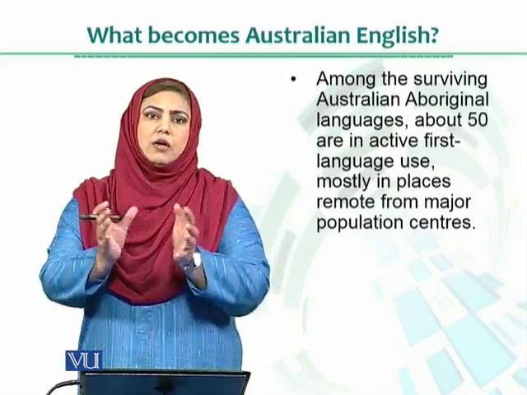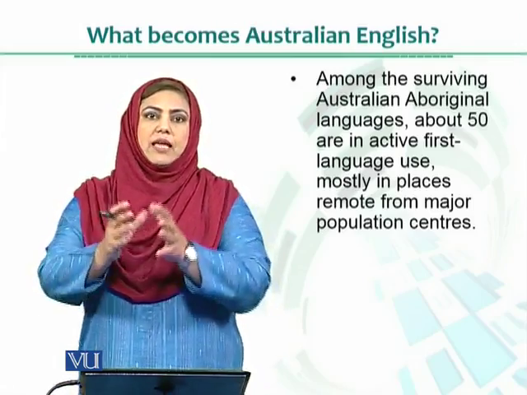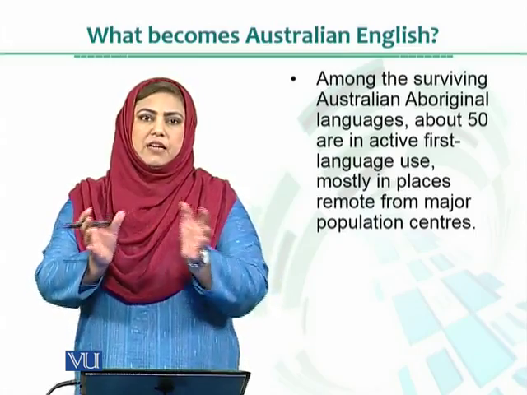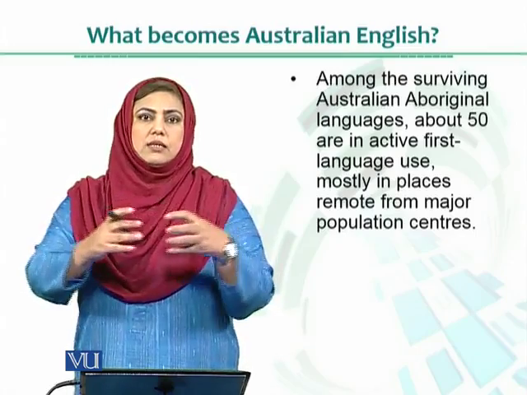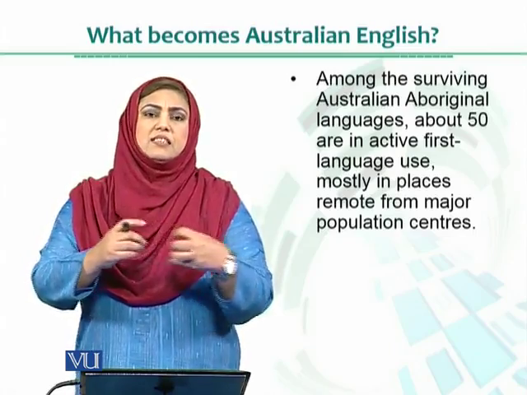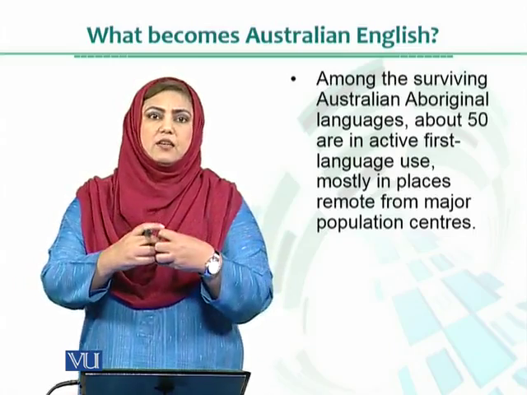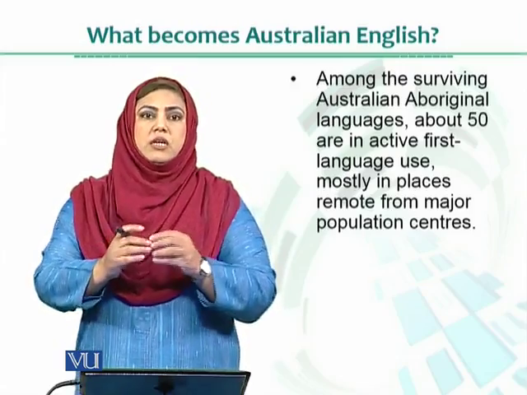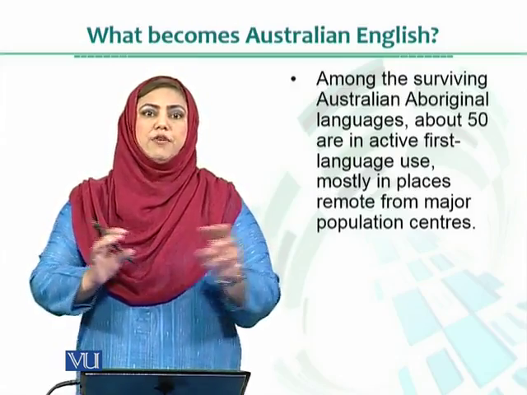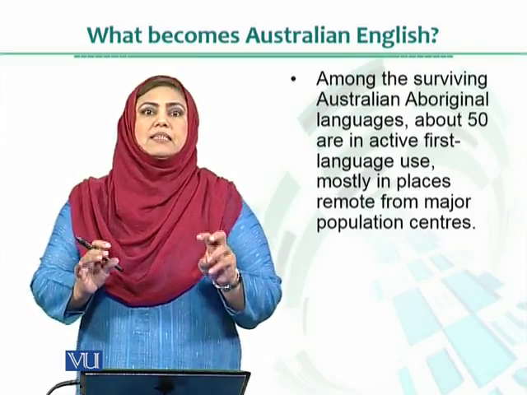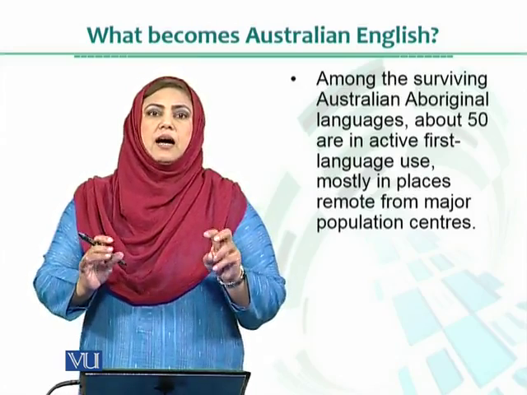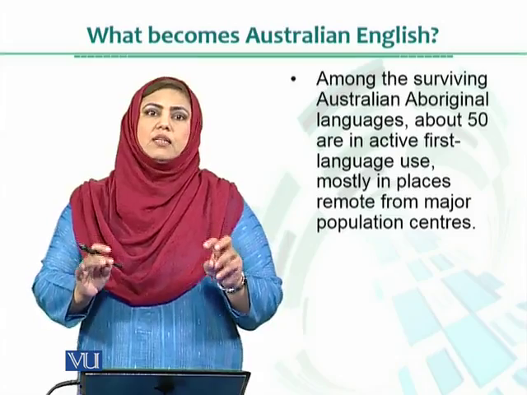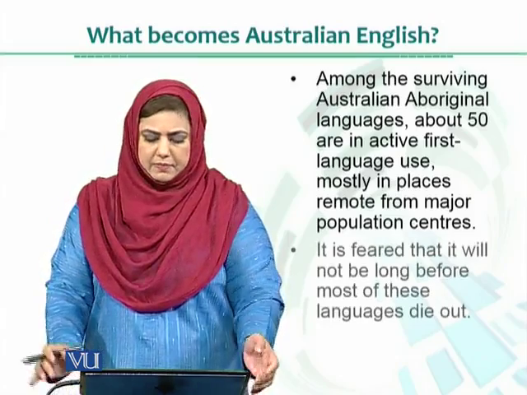Again, this is a big continent covering a huge area. So, in the urban and metropolitan areas, the areas that are closer to the center, there is more influence of English. Only in the far-flung areas would you find that the native languages are still surviving, or just trying to survive.